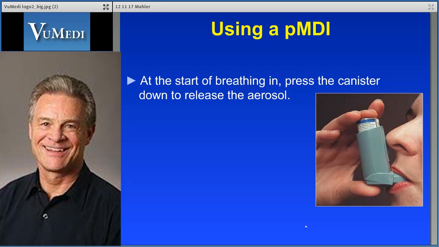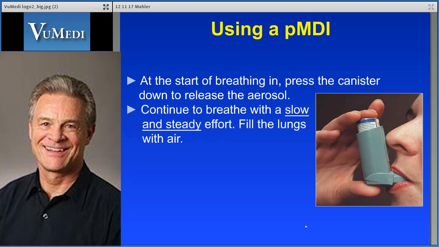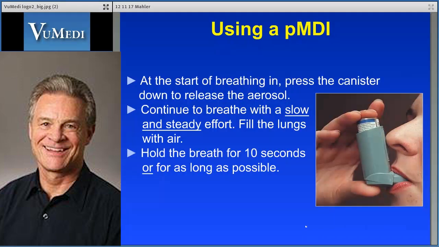For using the metered dose inhaler, at the start of breathing in, press the canister down and release the aerosol. Continue to breathe in with a slow and steady effort. Fill the lungs with air. Hold the breath for 10 seconds or for as long as possible.